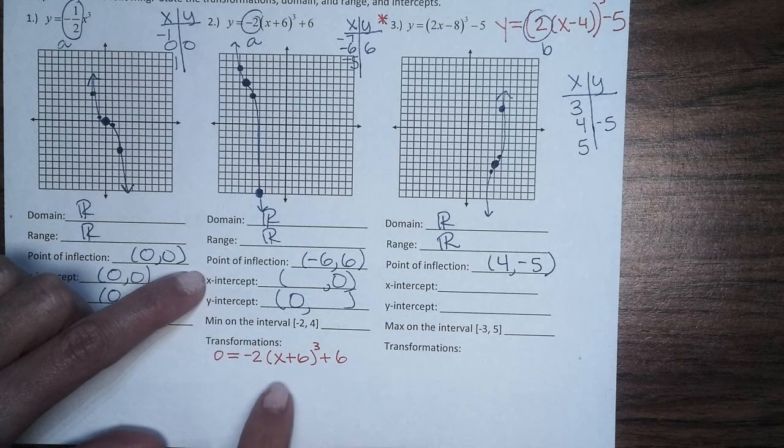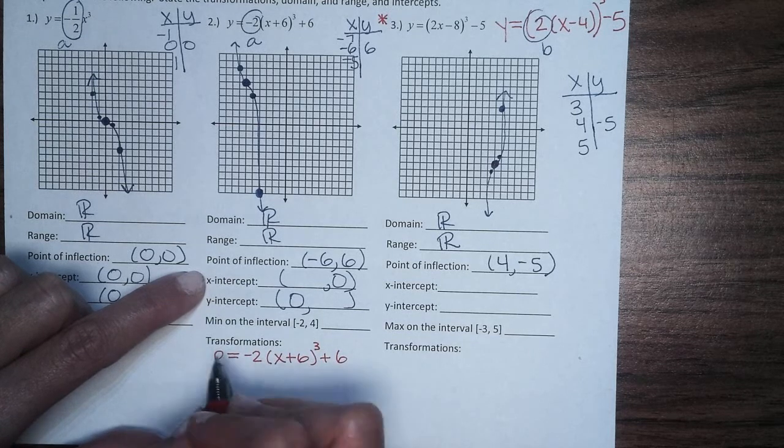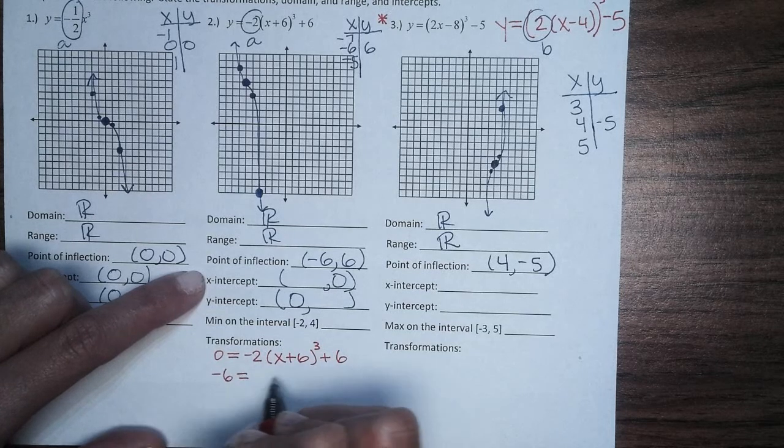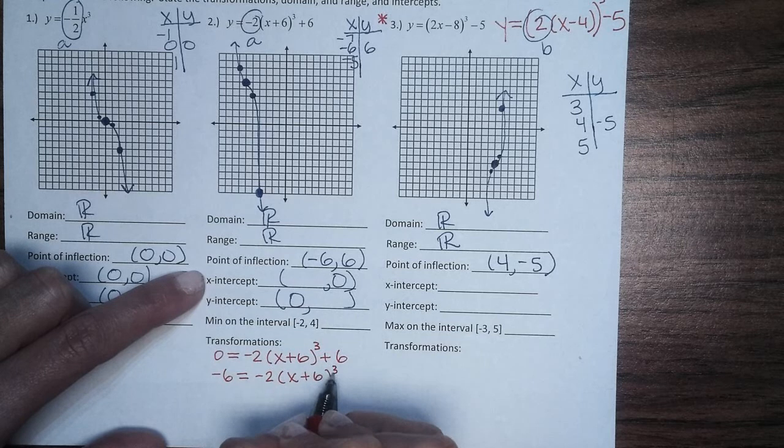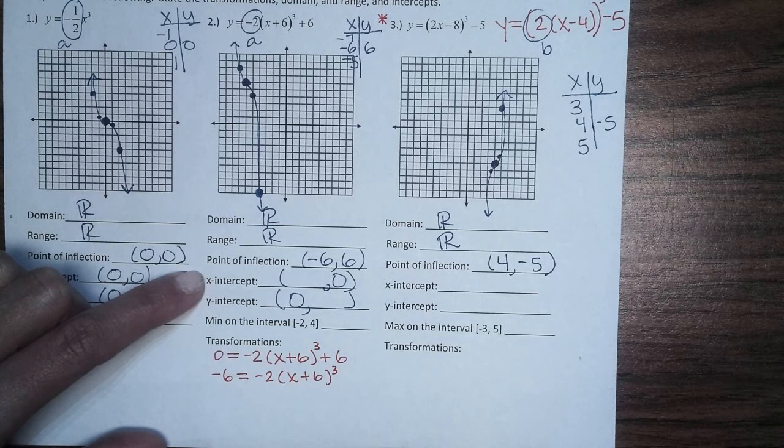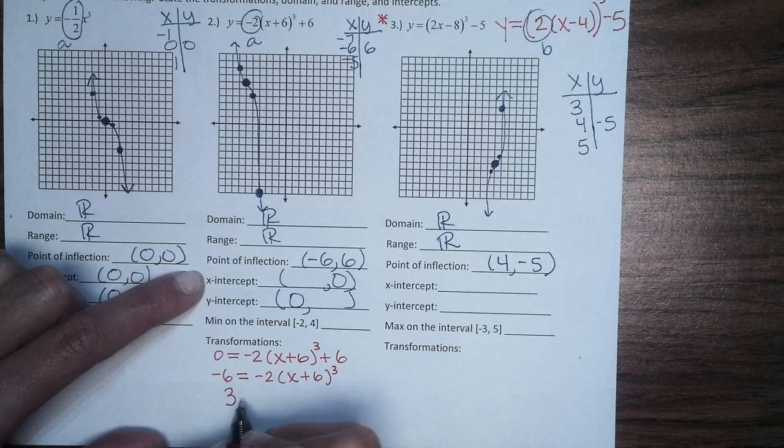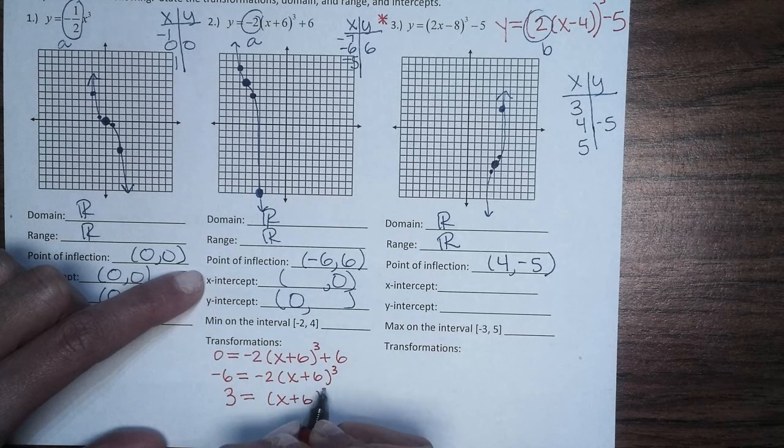To solve for x, let's isolate the x quantity. So I'm going to do a -6 equals -2 x plus 6 cubed. I'm going to get rid of the -2 by dividing both sides by -2. So -6 divided by -2 is 3 equals x plus 6 cubed.